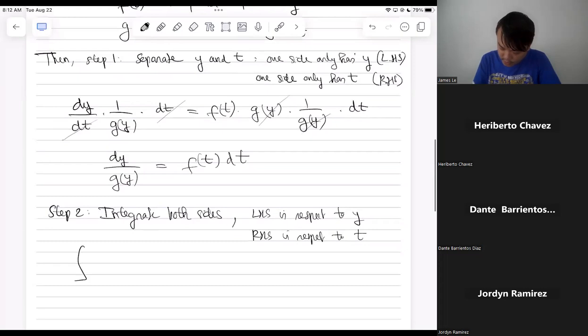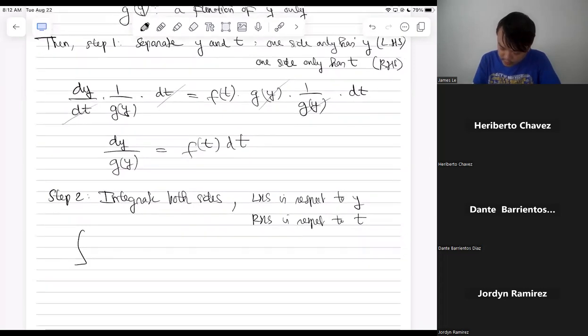So you put in the integral of dy over g of y and the integral of f of t dt. The dy right here means your integral is with respect to y, and the dt right here means your integral is with respect to t.